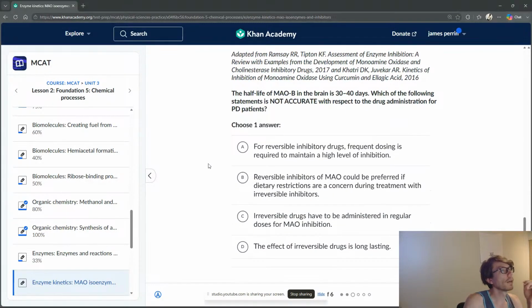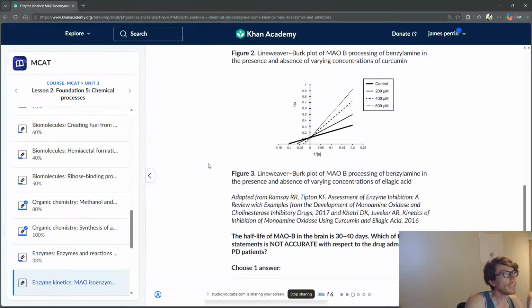The half-life of MAO-B in the brain is 30 to 40 days. It's PD defined.